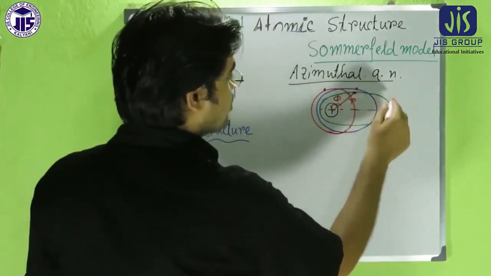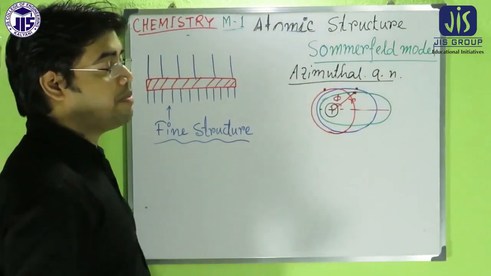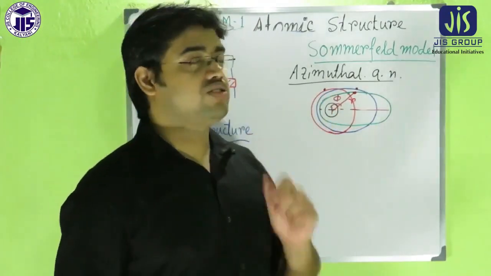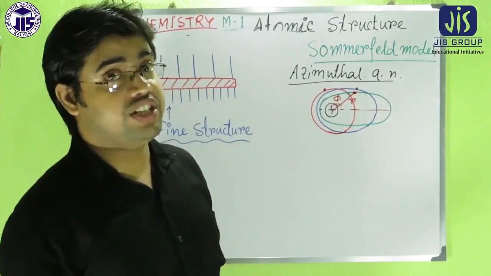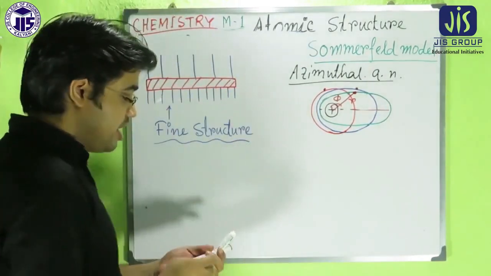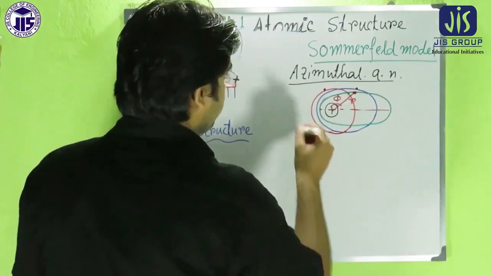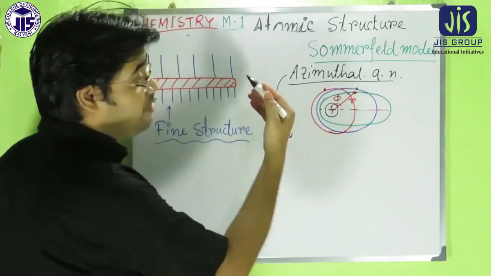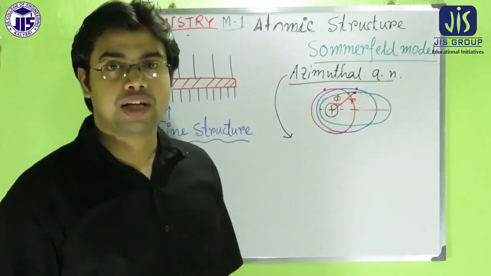So when an electron revolves through that elliptical orbit, the angle and the radius are continuously changing. And that's why Sommerfeld introduced a new quantum number called the azimuthal quantum number. And what is the significance of the azimuthal quantum number?